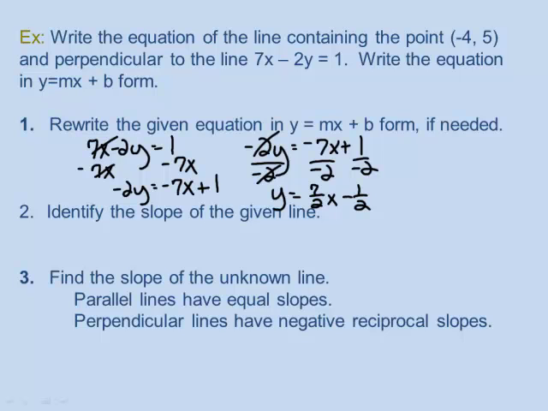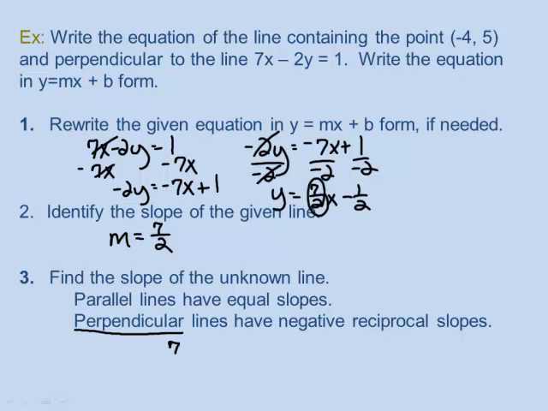All right, now identify the slope of the given line. The slope is always, in slope-intercept form, the coefficient of your x. So the slope of the given line is positive 7/2. Third step, find the slope of the unknown line depending on what the question is asking. Now this is a perpendicular system, and perpendicular lines have negative reciprocal slopes.